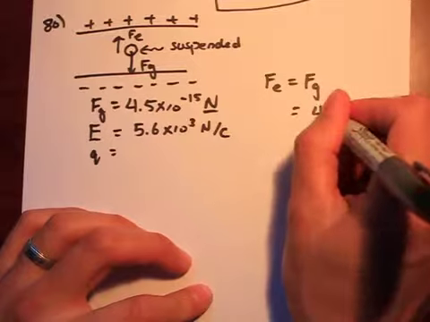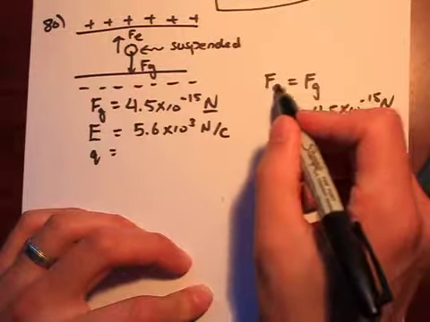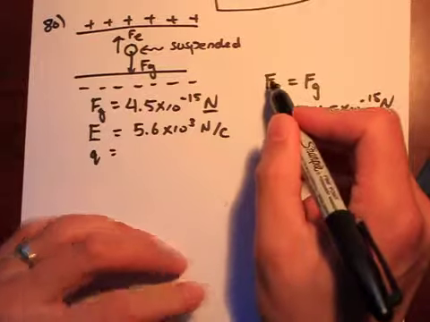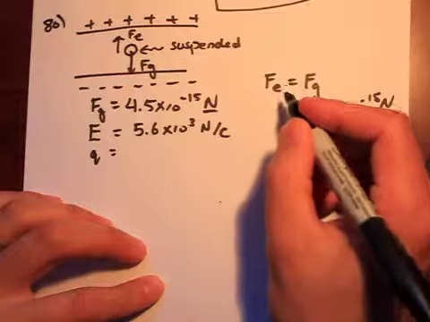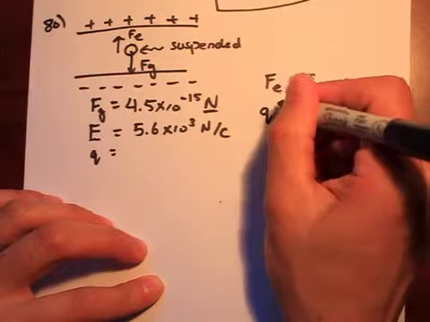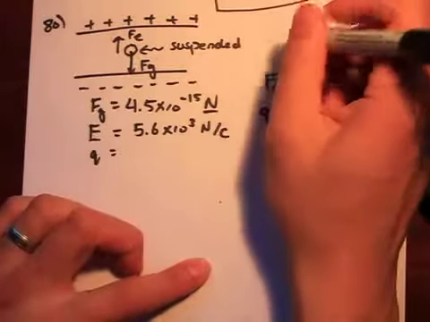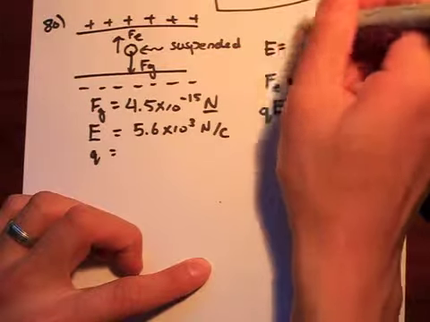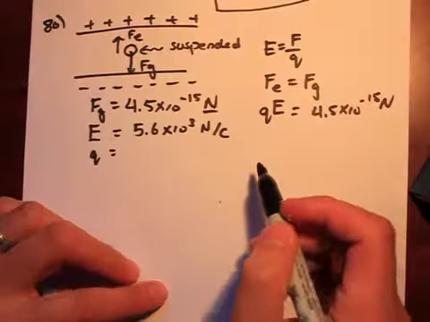So it's 4.5 times 10 to the negative 15 newtons. Now, what can we do with this electric force? We can change this into the equation. Remember, this is exactly the same as Q multiplied by E. If you rearrange this formula, you will get Q times E for force.